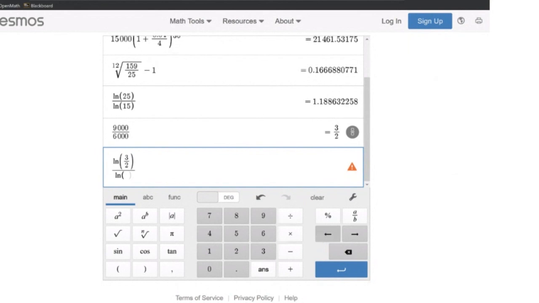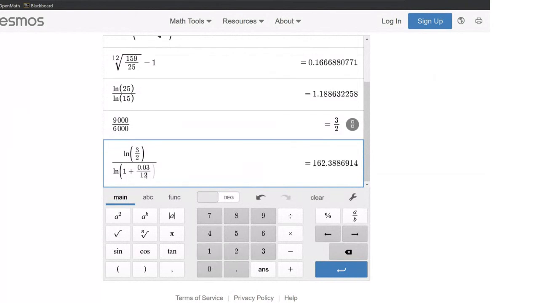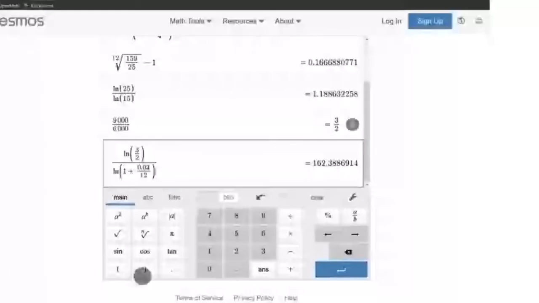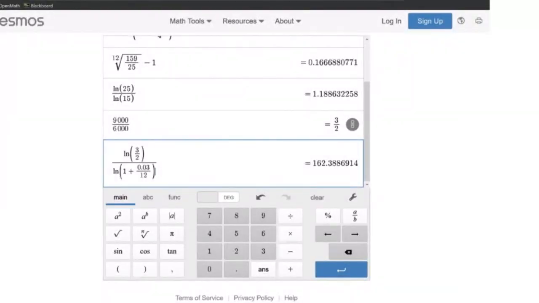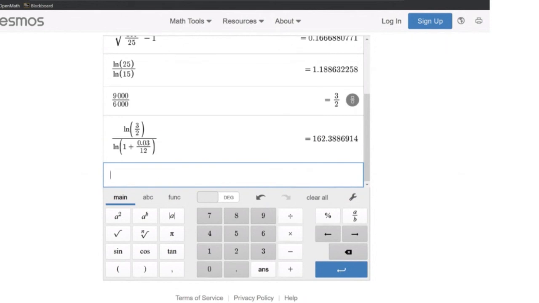Too far. Here we go. 1 plus 0.03 over 12. Right arrow. There we go. That's what I was looking for. Again, thank goodness I don't have to do that manually, and we've got calculators for this. This gives me the N value.